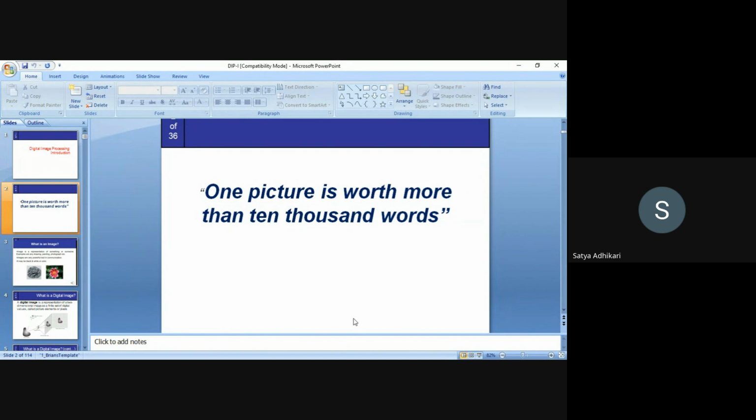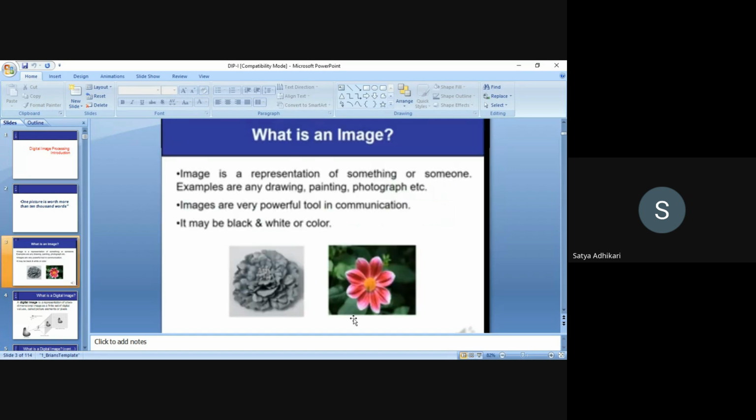So one picture is worth more than 10,000 words. I think this statement is true. A picture tells more things than general words. So that is why we come to an image.